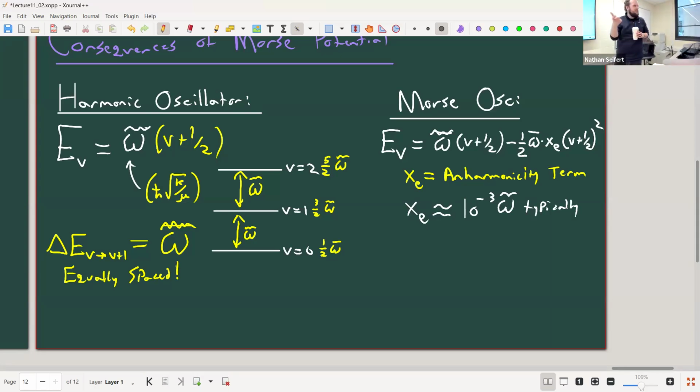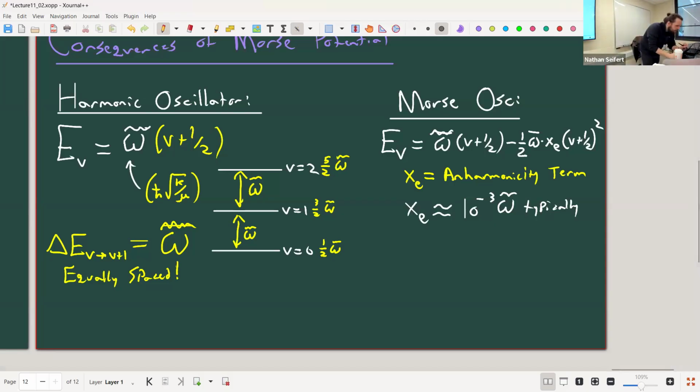So the anharmonicity is very small and gradual, but it scales as v squared. The harmonic term is linear in v, but the anharmonicity is quadratic in v. So as v gets bigger and bigger, the anharmonic contribution gets larger much faster. So as v gets very large, this term becomes pretty significant.